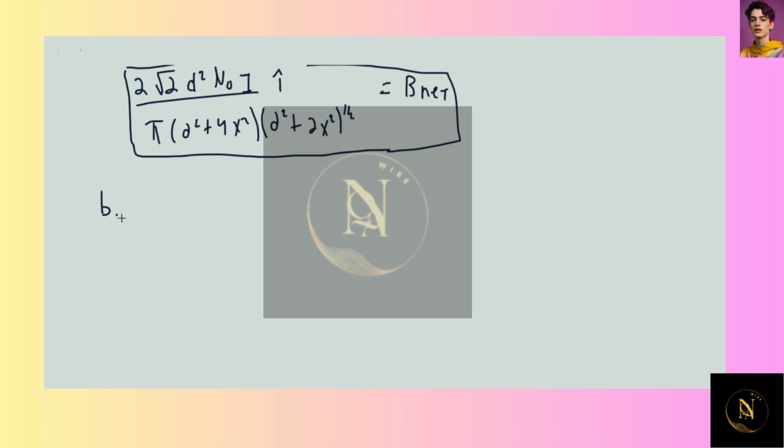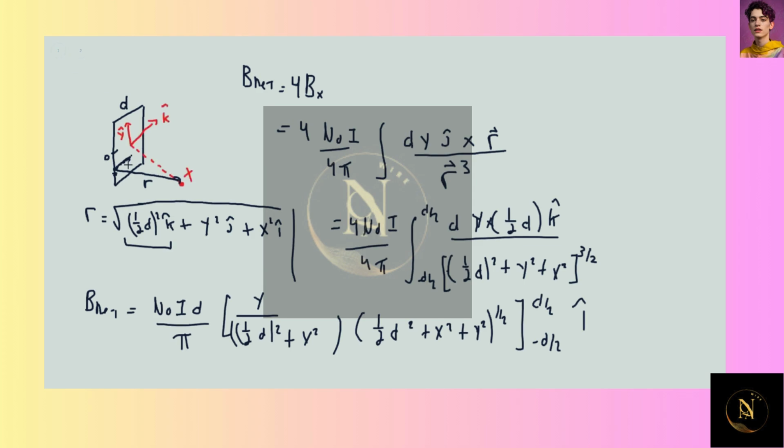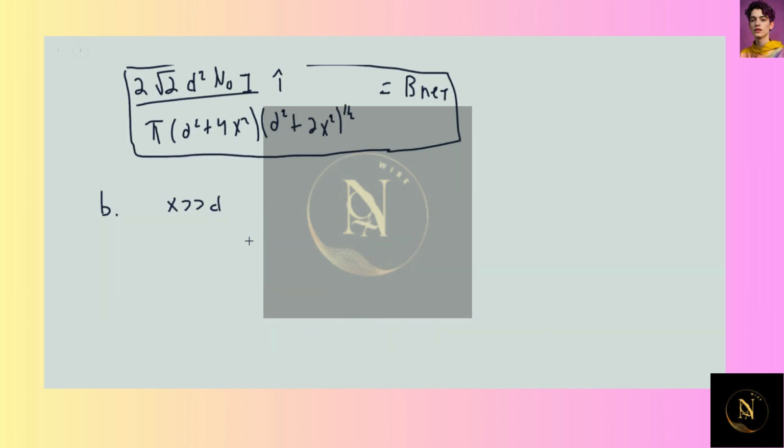So we did that, and we get this for B net. And then part B asks us if we treat x as being much, much bigger than d. So we're saying we are much farther away from the center of the square than the size of the square itself. So if we do that, what does the magnetic field reduce to? Looking here, we get to ignore these d squareds in the parentheses.